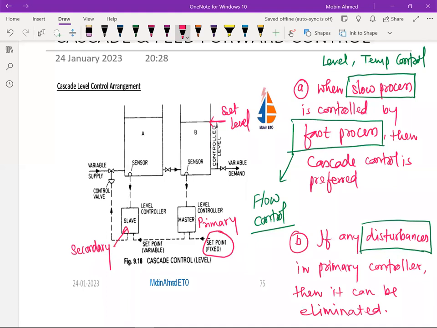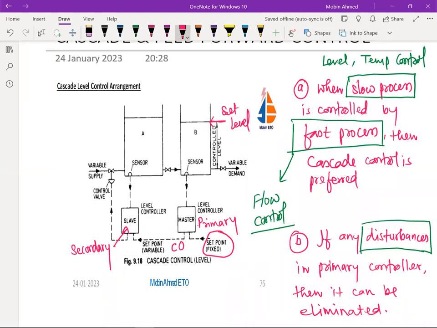Okay, so there is a slave that is known as a secondary control, and this is known as a primary control. So there is a set point. We are going to have the set point always in the primary control. The output of this one is a variable because it is going to be the control output. Control output is always as per the comparison and as per the deviation, this output is there. So this output is always variable output.